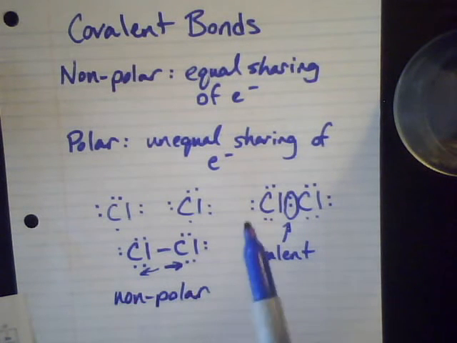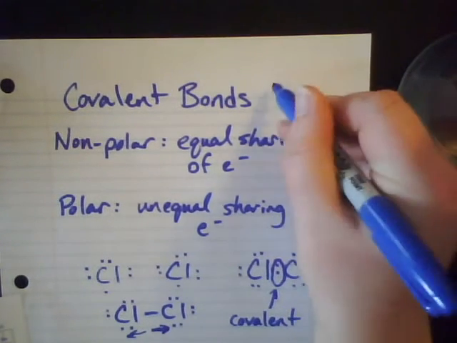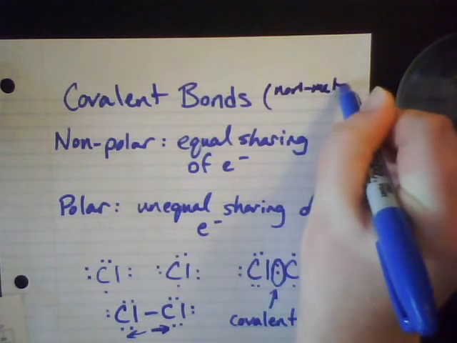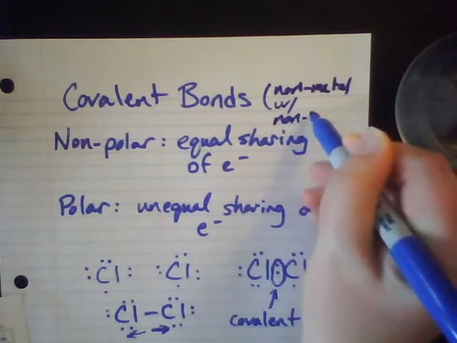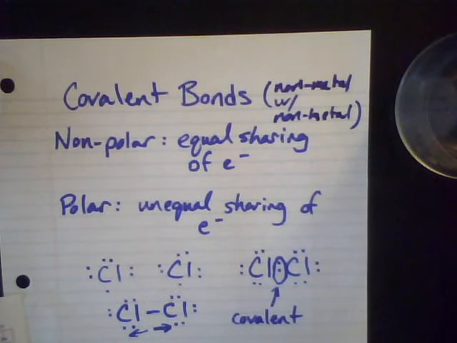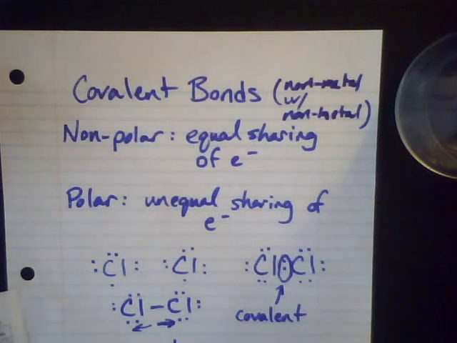Now, just as a note, the covalent bonds, remember, are only between nonmetals and nonmetals. So when we talk about metals with anything else, or metals with themselves, then that's going to be a different type of bonding. So covalent bonds are just the nonmetals with the nonmetals.